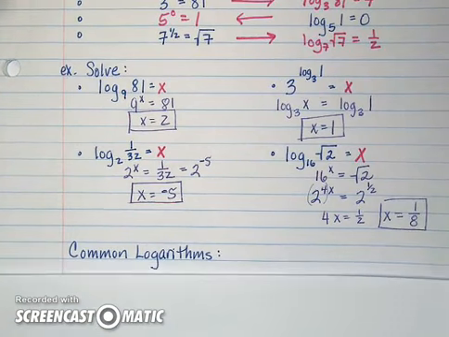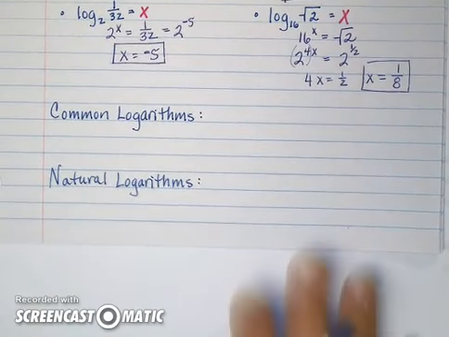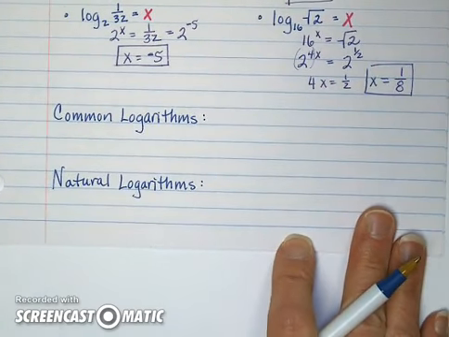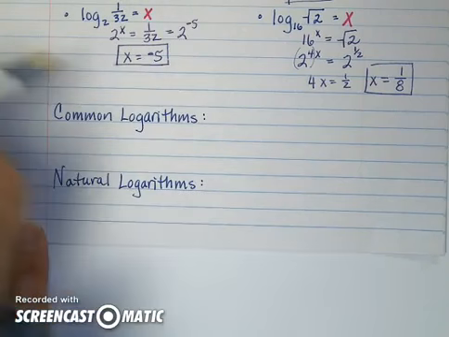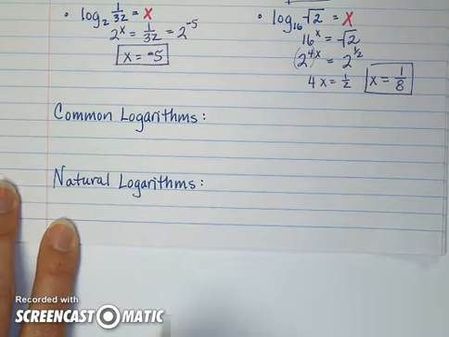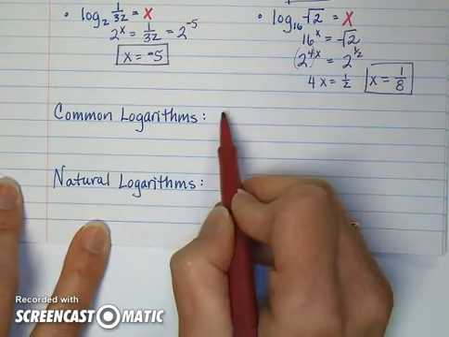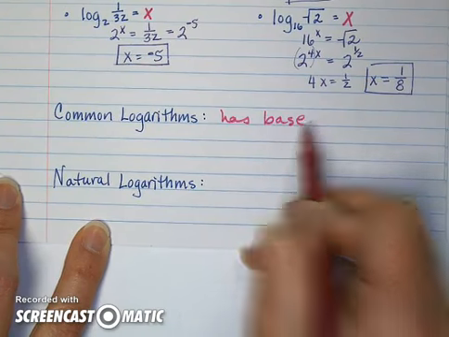When you've got logarithms, there are some shortcuts that mathematicians take. Not because we're lazy, just because we use them a lot and it becomes routine and very common for us to do this. A common logarithm is a logarithm that has a base of 10.